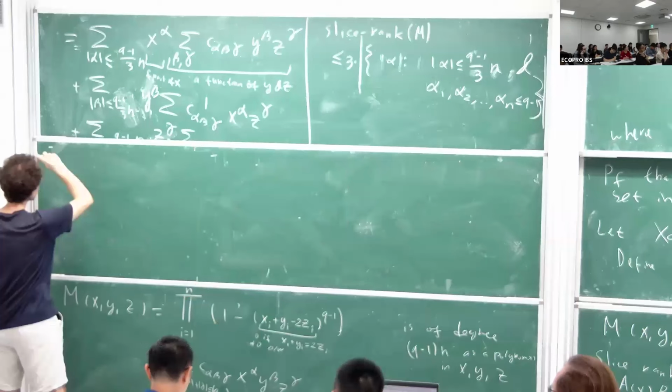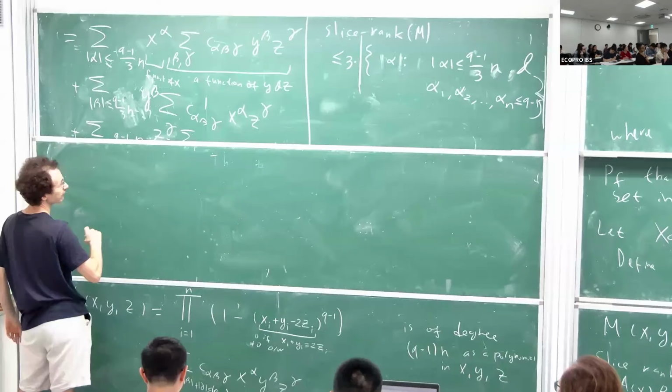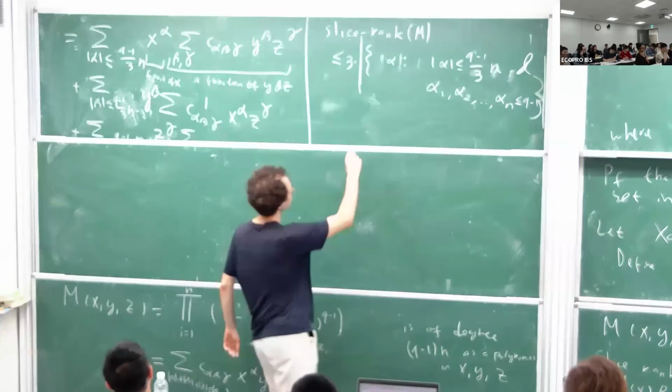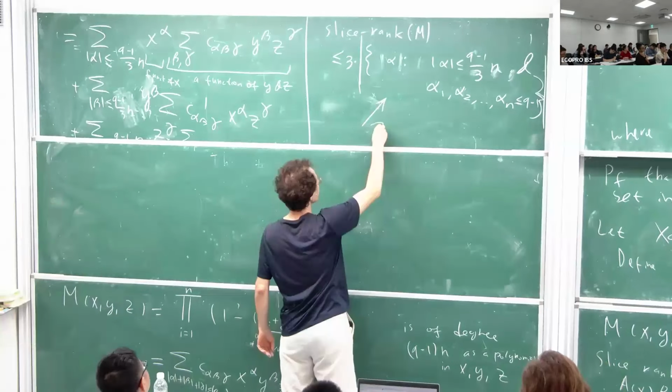So this quantity here, let me call this quantity Z. This is the number of such alphas.